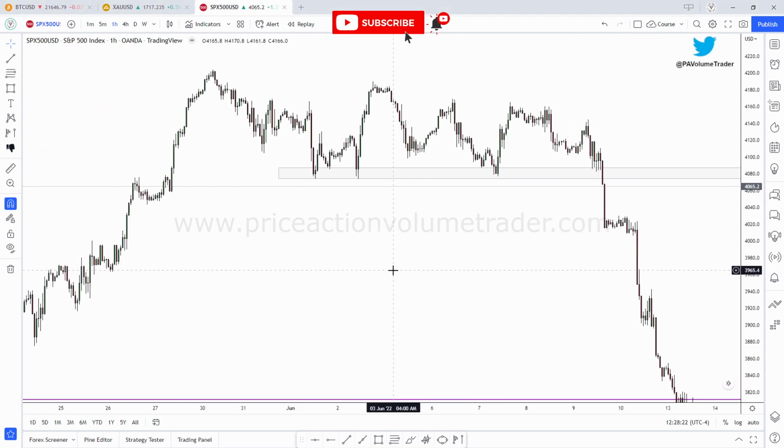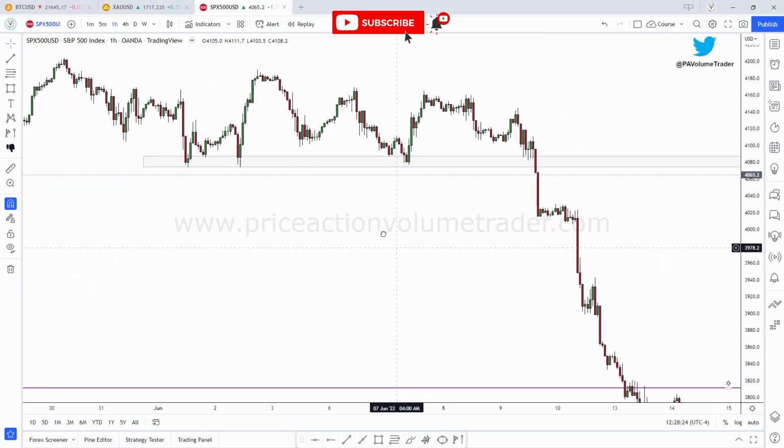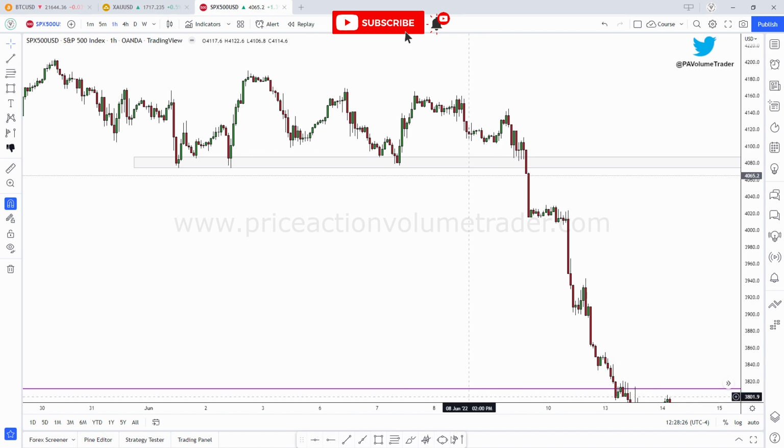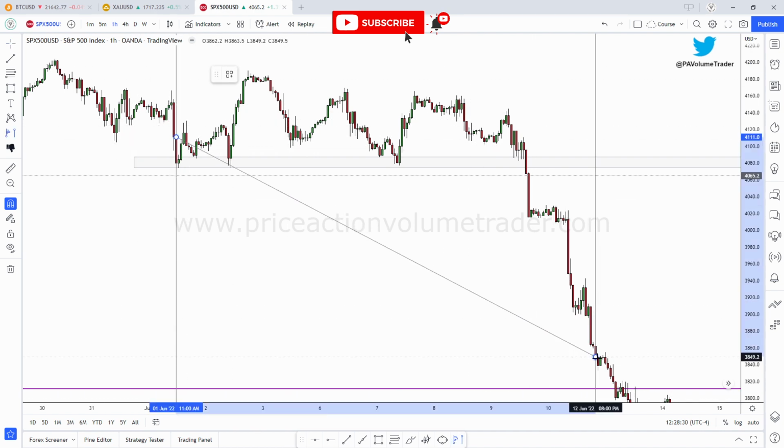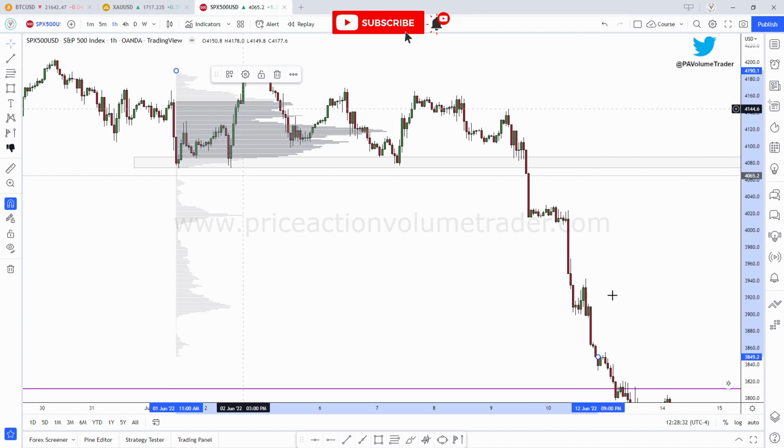If we would just put a volume profile here, let's say from there to there, you can see how you can also use the volume profile, and you can see how we make little high volume nodes in this.